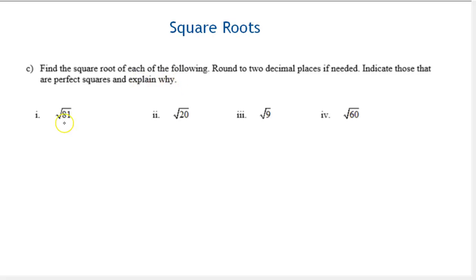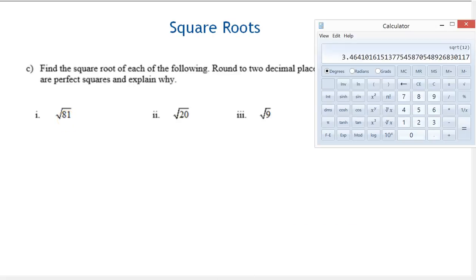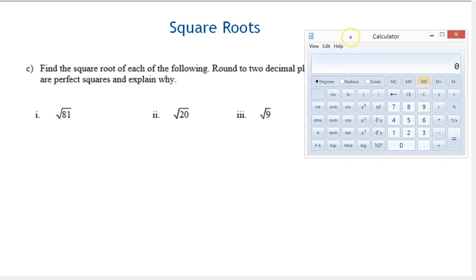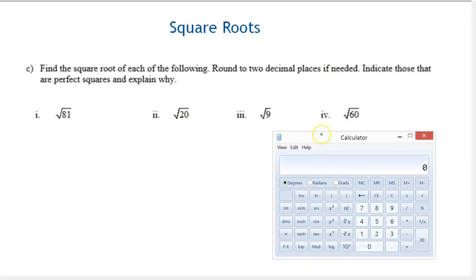So we have the square root of 81. So remember, this means what number do I multiply by itself to get 81? And you may know that number. Your calculator is probably fancier than this one, and it will have a square root button. This is mine. On your calculator, you probably have to hit the square root button, then enter the number.